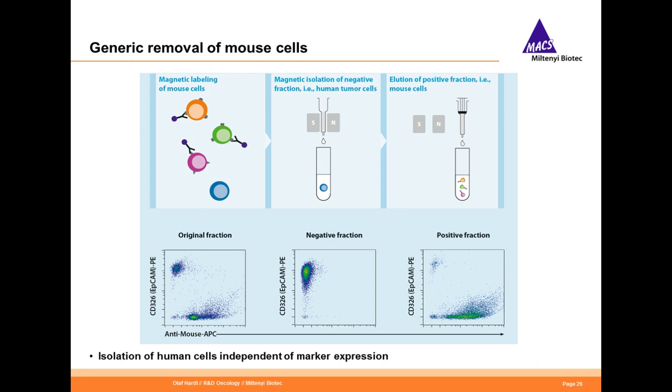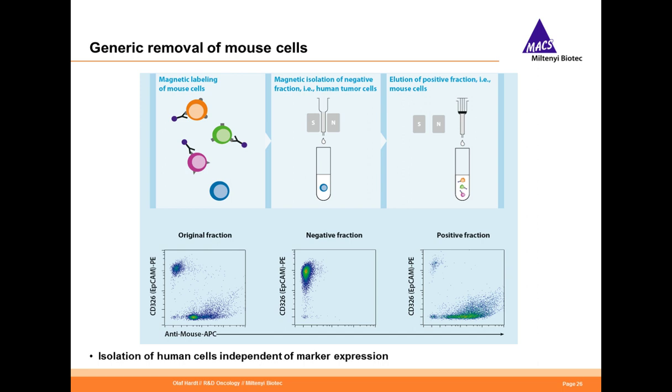So after you have dissociated your tissue, you have your single cell suspension, you just add this cocktail of 5 antibodies that are coupled to magnetic particles, incubate it for 15 minutes, you run it over a column, and your human tumor cells are flowing through the column. If you want, you can then remove the column and elute your mouse cells. But as this is a negative approach, it works for any kind of human tumor cell or even non-tumor cell. So any kind of human cell that you graft into a mouse can be isolated by this procedure, and the whole procedure just takes about 20 minutes.